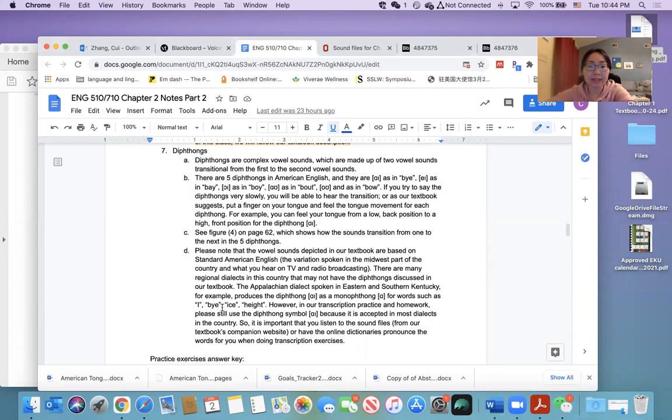So in standard American English, this is I, by, eyes, and height. However, in certain dialects in the United States, these may be pronounced as ba, as, and height, and hat, right? Instead of height.